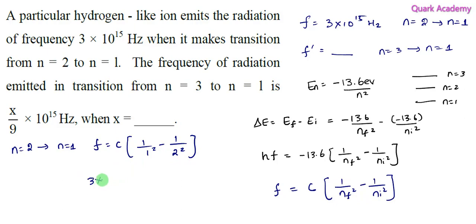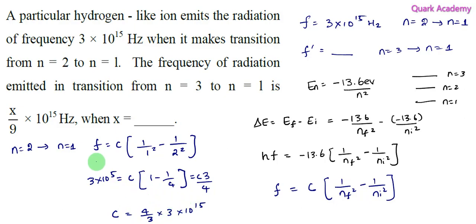So F, which is 3 into 10^15, equals C times 1 minus 1 by 4, which is C into 3 by 4. So I can write C as 4 by 3 into 3 into 10^15. Sorry, this is 10^15. So the value of C becomes 4 into 10^15. Let's keep it as it is.